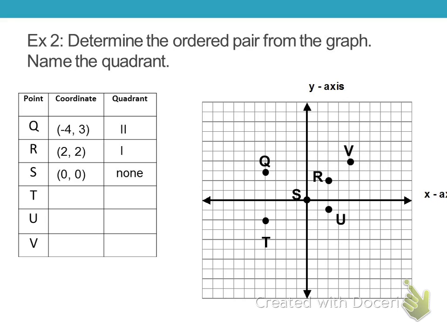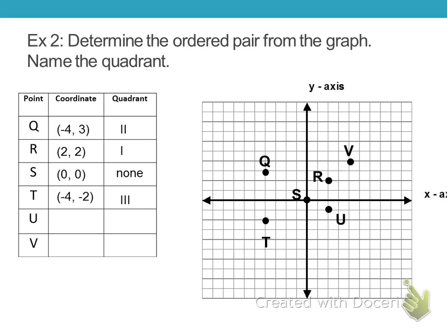T, how would you get there? Left 4, down 2. So that'd be what ordered pair? (-4, -2). What quadrant is T in? 3.